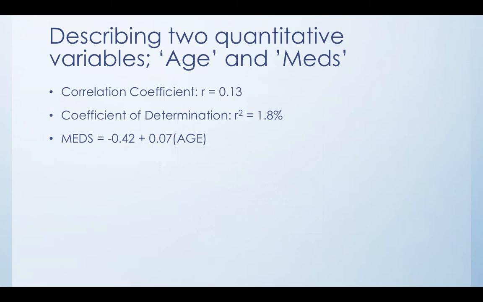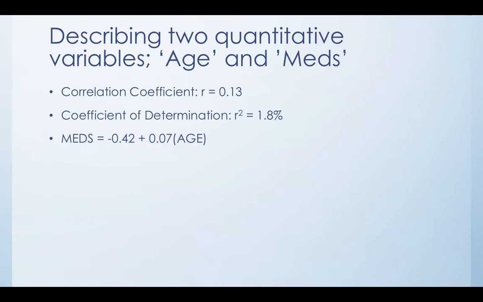Now we come in and we put some numerical summaries on these. The correlation coefficient is just a measurement between -1 and +1 that gives us an indication of the relationship between the two quantitative variables. As the correlation coefficient gets closer to 0, it means that no linear relationship exists.